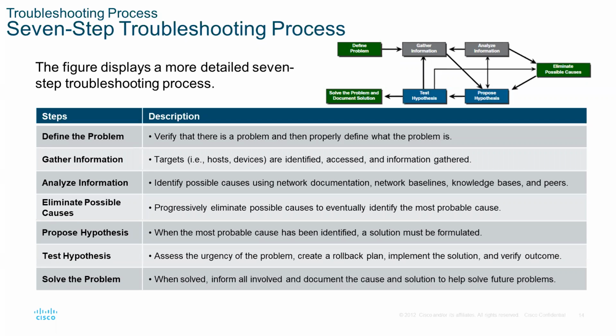Again, we need to define the problem. We need to gather the information, analyze the information that we have gathered, go through a process of elimination and eliminate potential causes, come up with a possible solution, test whether that actually resolves the problem, and part of that testing process is to have a rollback plan if something goes wrong.